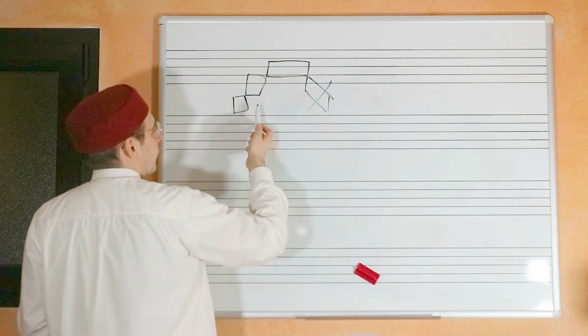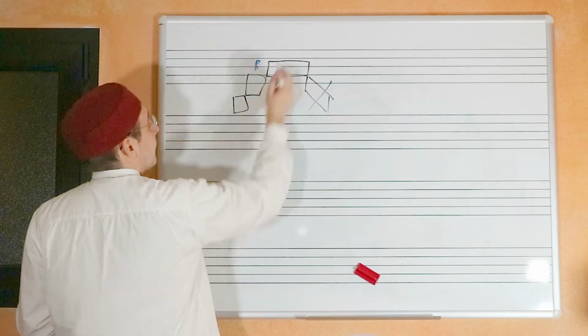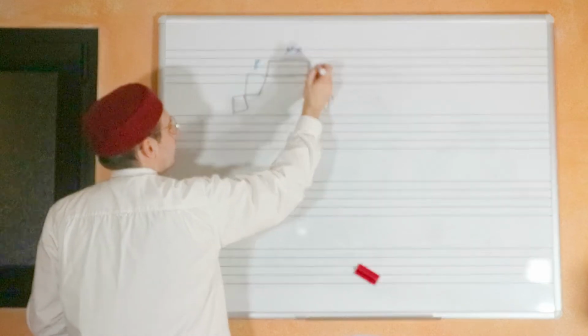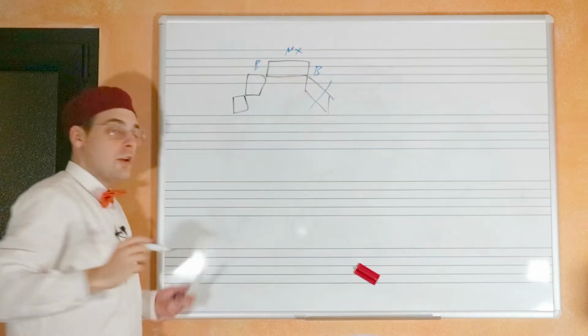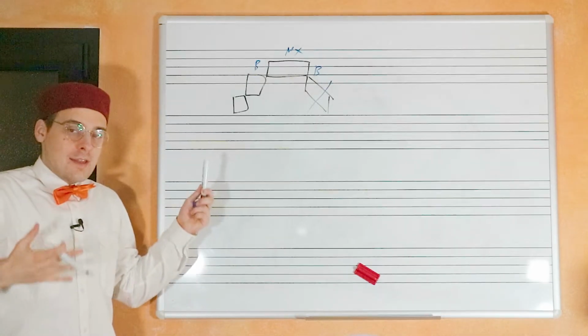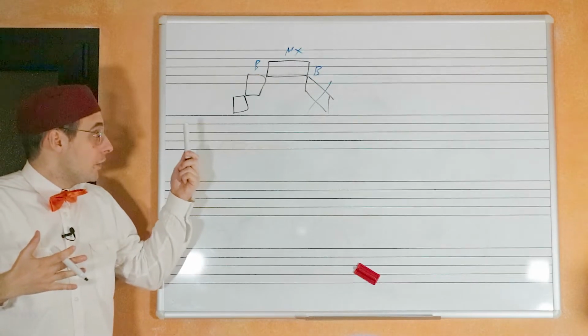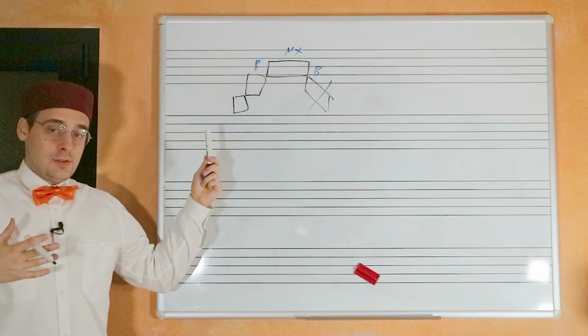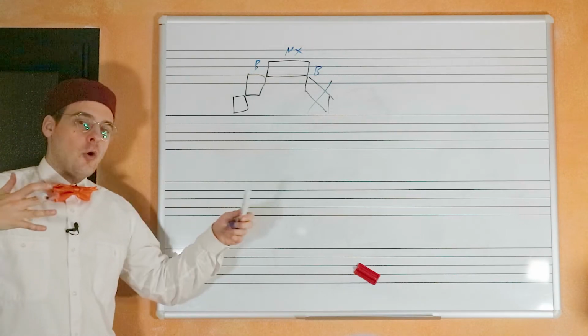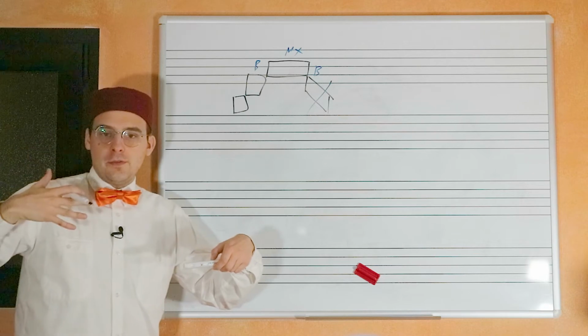How are the middle notes? I have a brevis, I have a maxima, and I have a brevis. So, to understand the value of the first note, I have to remember all the cases of the previous video.